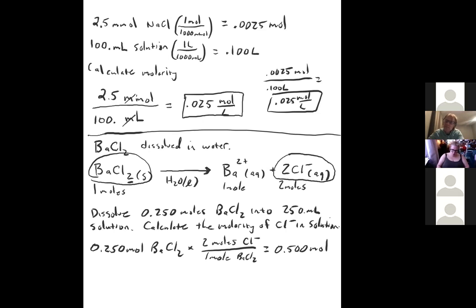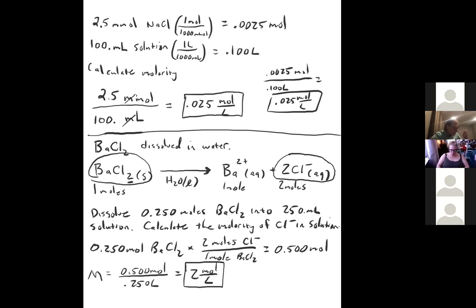If you have an ionic compound and the question is what's the concentration of one of the ions in that solution, then just make sure that you see what the relationship between that ion and the compound is. So now when we calculate the molarity, we would use the 0.500 moles and then divide that by our 0.25 liters. And so you get 2 moles per liter. Okay.